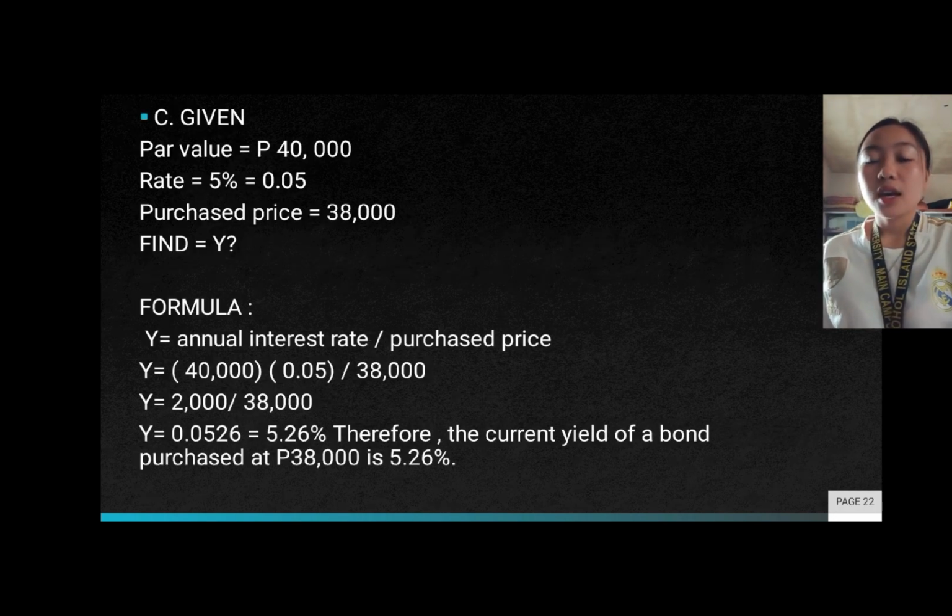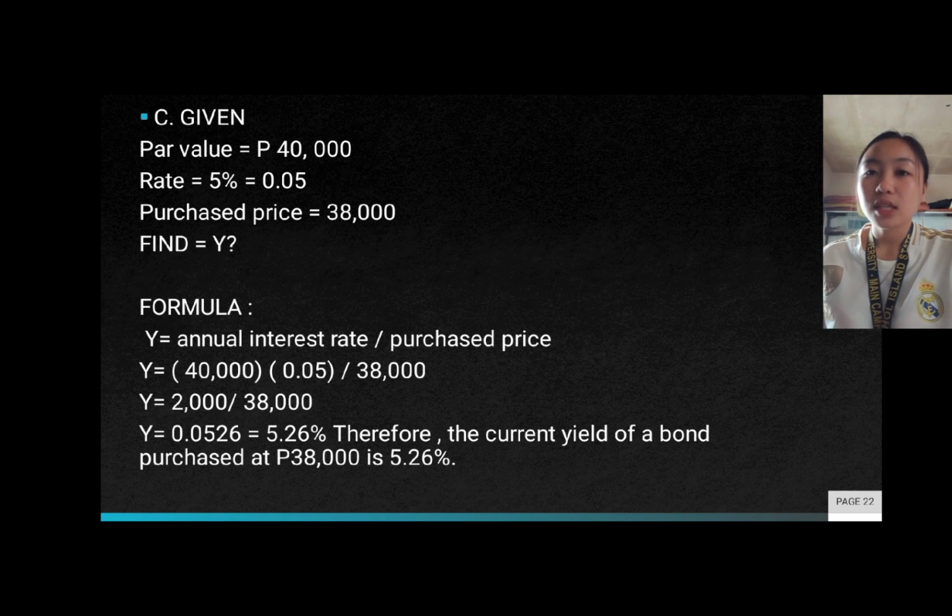So let's have here the given C. Let's find the current yield at a purchase price of 38,000. So the par value is 40,000 pesos and the rate is 5%, or 0.05. Purchase price is equal to 38,000. Find the current yield. So the formula is the same formula we used in given A and B. Y is equal to annual interest over purchase price.